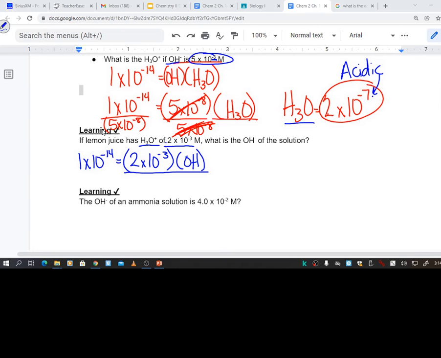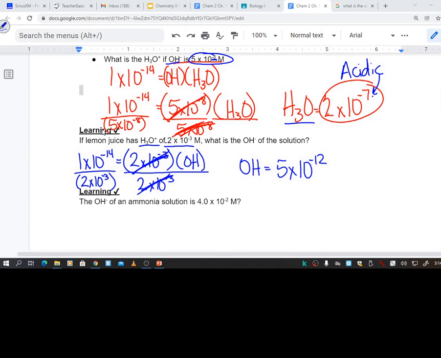So I'm going to divide by 2 times 10 to the negative 3rd. Remember, I have to put this in parentheses. This would cancel out. Now I'm going to get my calculator and do 1 times 10 to the negative 14th divided by 2 times 10 to the negative 3rd. And that will give me my OH: 5 times 10 to the negative 12.